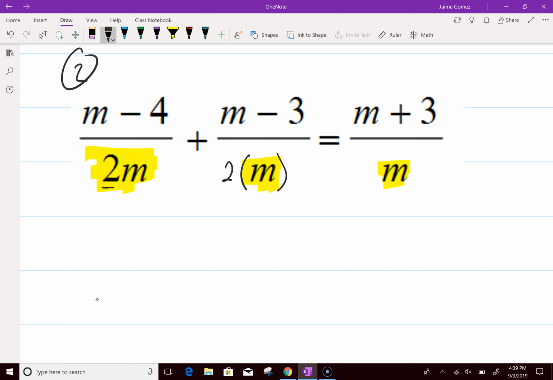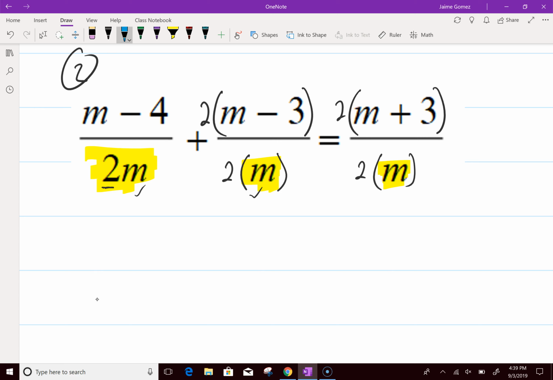And if you multiply the bottom times 2, you must multiply everything on the top by 2. Over here, this is 2m. If I multiply this times 2, it's 2m, so that's good. Here's an m. How do I make this m become a 2m? Well, times 2. If you multiply the bottom times the 2, the top has to be times the 2.